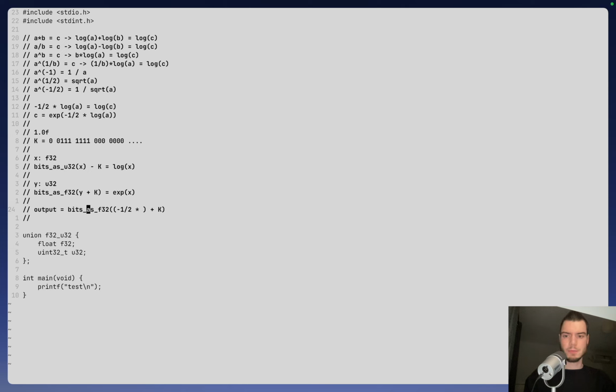Let's just call this output and input just to make it clear. So we have the bits as a U32 of our input minus k. Just substituted.